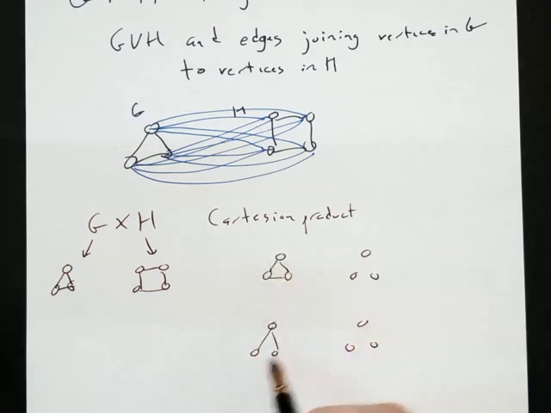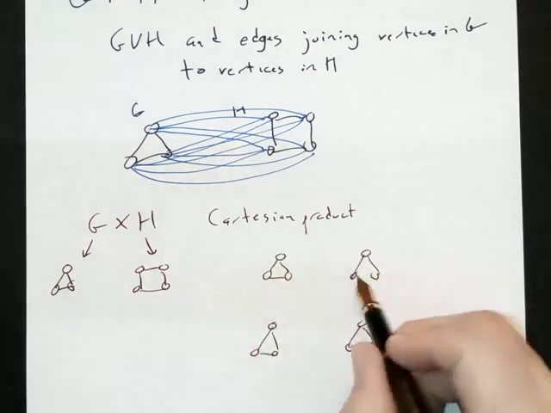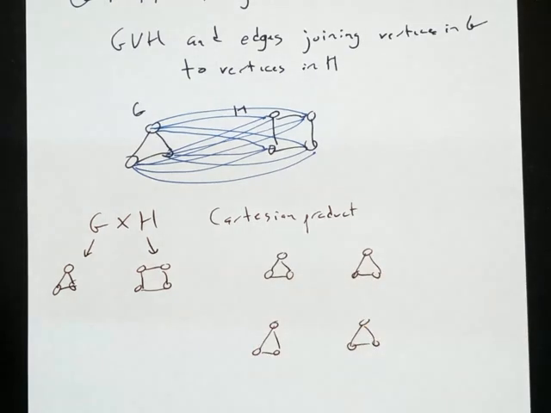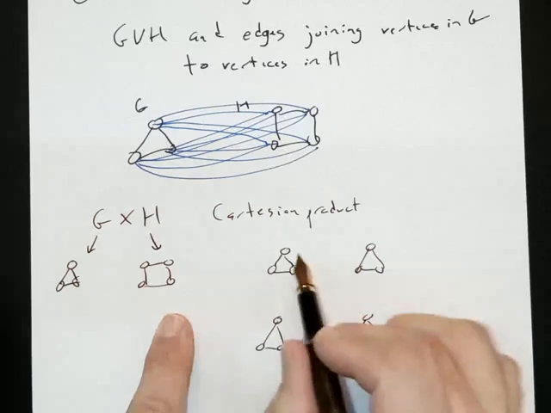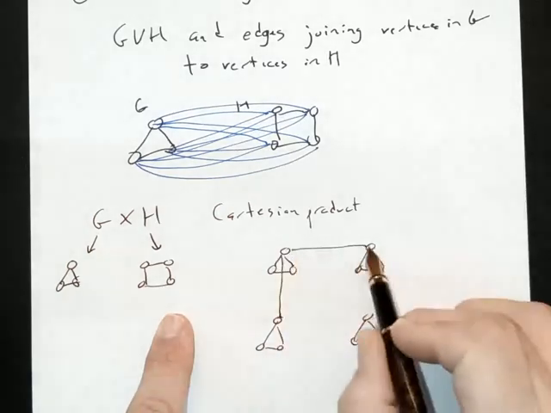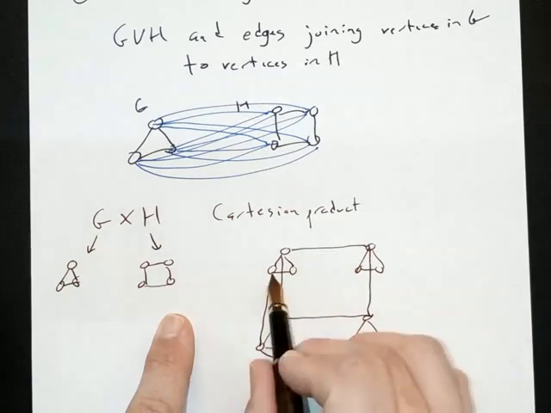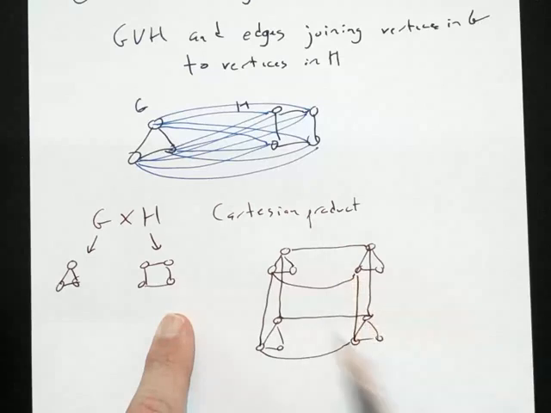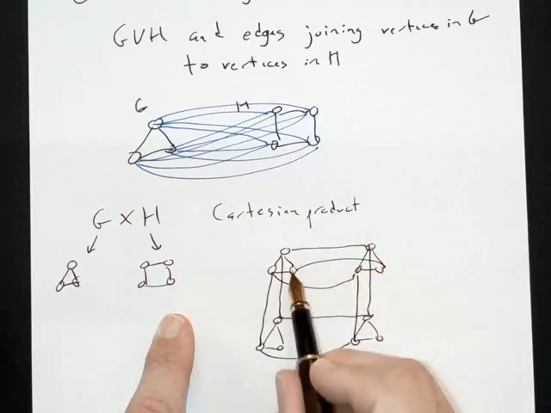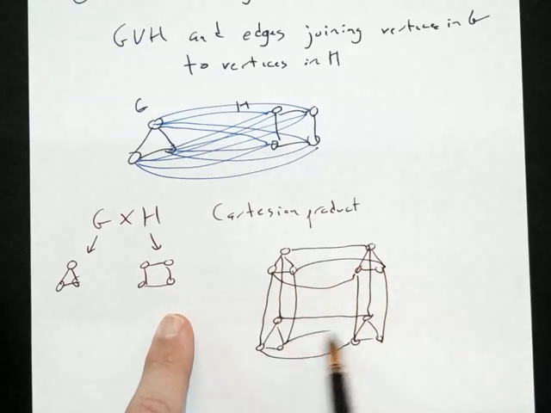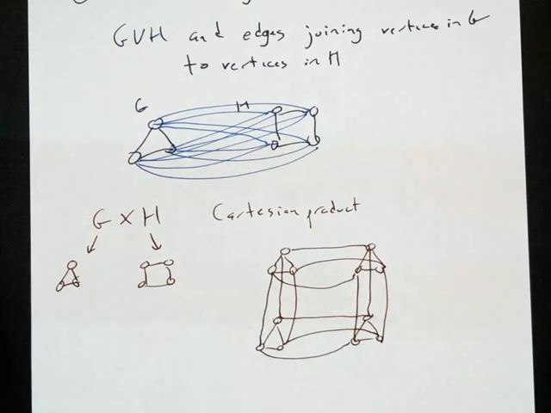These are my copies of G, right? And I arrange them in this square. Top to top, bottom left to bottom left, bottom right to bottom right. Or I take the triangle and I put a square in each corner. And I connect all 4 corners of the squares together.